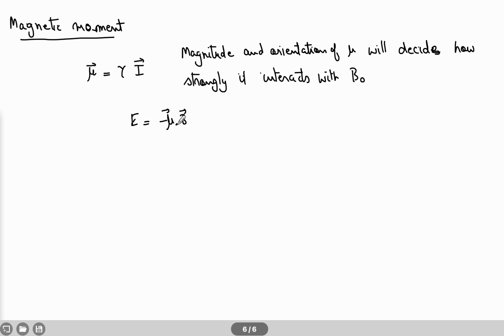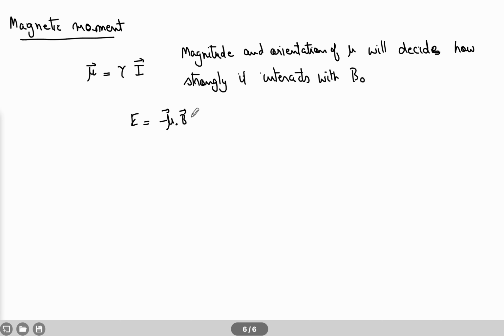Here it is a dot product, which tells you that the orientation also matters in this interaction, and then the magnitude of course will matter. If the constant magnetic field is there, the magnitude of the magnetic moment will define whether the energy of the interaction is weak or high.